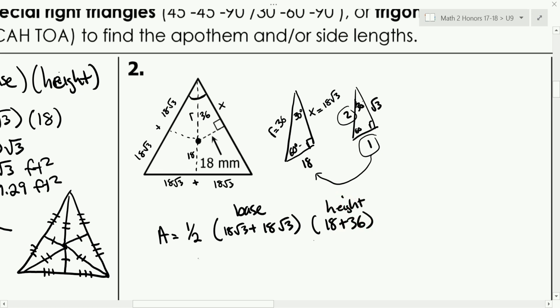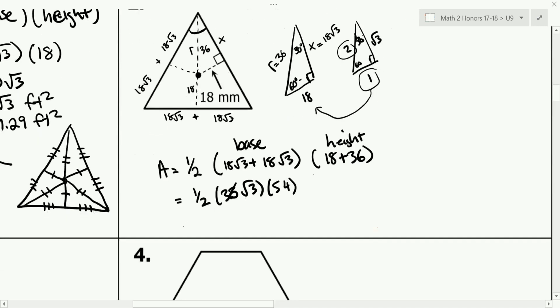And then we're able to work through that. 1/2 of 36 root 3 times 54, what's that? 54. Okay. And if we approximate that, what does that come out to be?